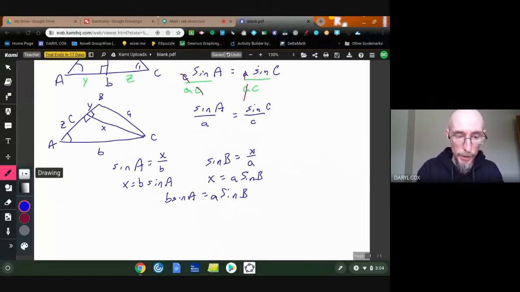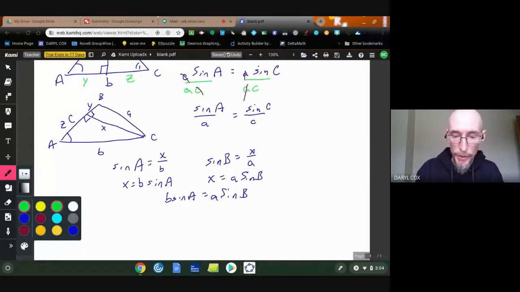Divide this side by B and this side by B, and divide both sides by A, which means now these B's cancel, those A's cancel, leaving me with sine of A over A equals sine of B over B.